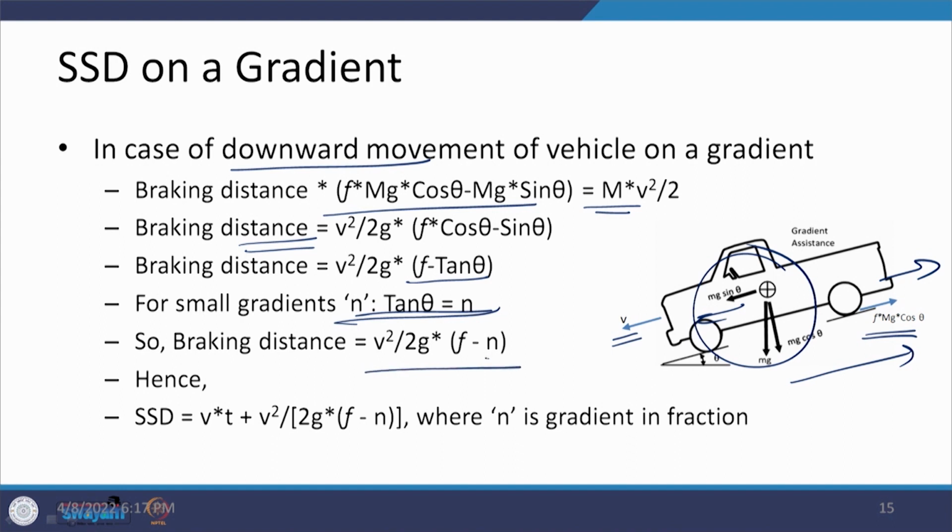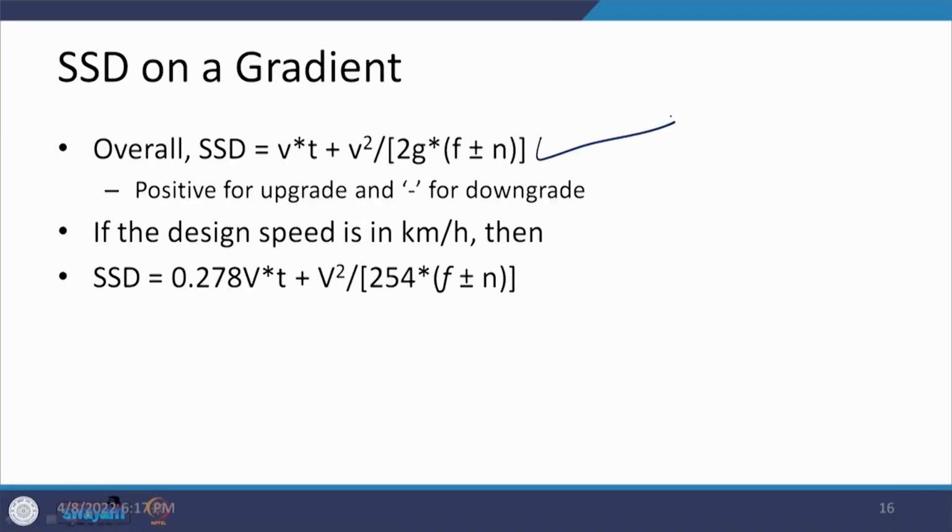That means the effect of the gradient in the case of downward movement is negative, where n is the percent gradient. So, what you get is SSD equals v into t plus v square divided by 2g into f minus n. Now we have two conditions, one for upward and one for downward movement, and together they give this equation: v into t plus v square divided by 2g into f plus minus n, where positive is used for upgrade and negative for downgrade.